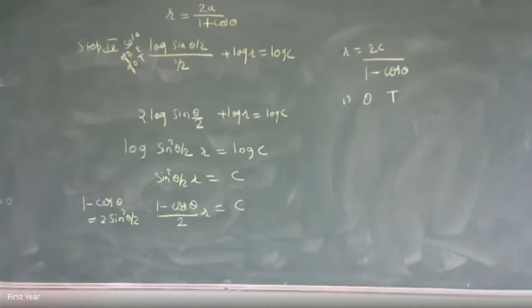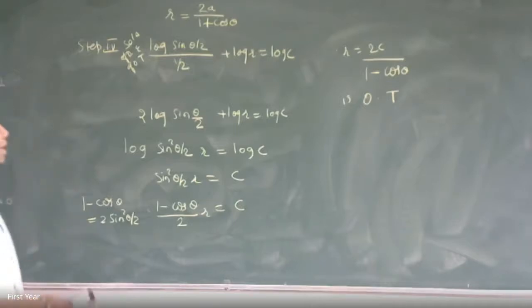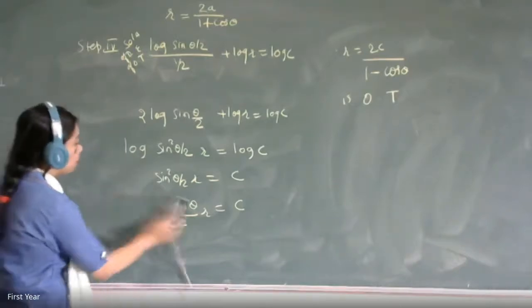We have seen the orthogonal trajectory of Cartesian curves yesterday. Now we will go to the second application of first order first degree differential equations. Till now, does anybody have any doubt?